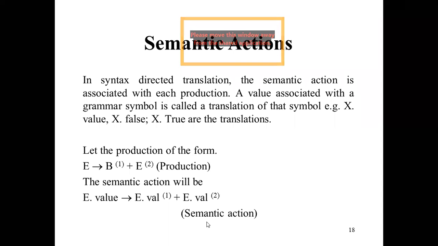Whenever you write the semantic action, you add value here. If this is the given production form, then to write its semantic action, you write E.value, then an arrow sign, then E1.value + E2.value, because the form is given with 1 and 2.